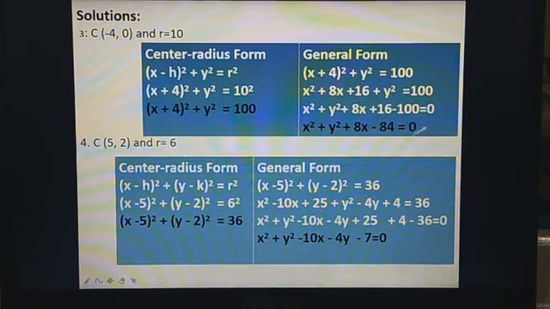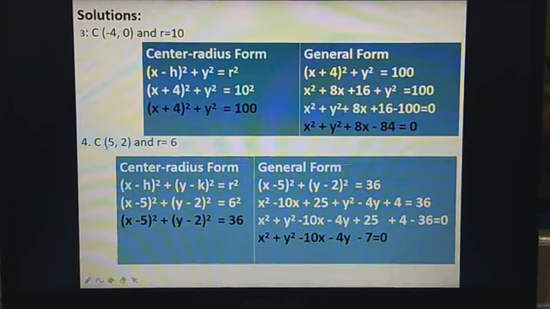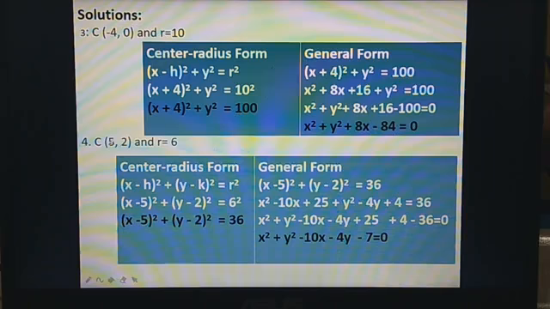Now, for number 4 example, the center of the circle is at 5, 2 and having a radius of 6, so this is your value of h, this is your value of k. Our equation will be the quantity of x minus h squared plus the quantity of y minus k squared equals r squared.